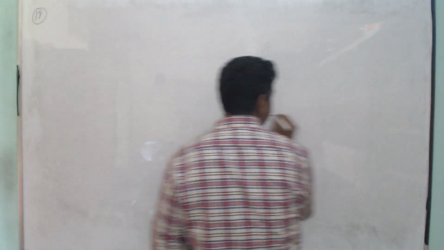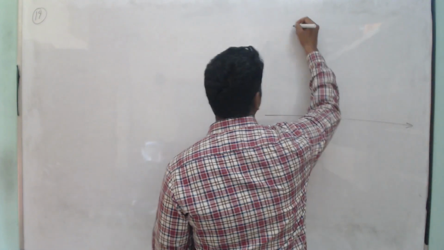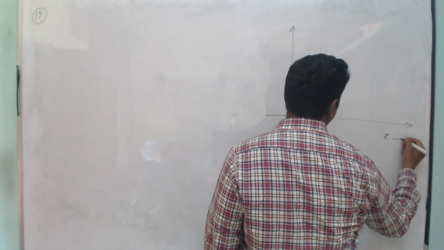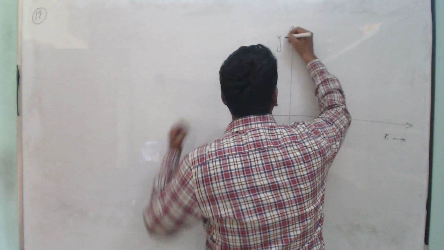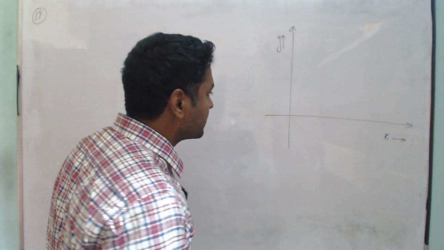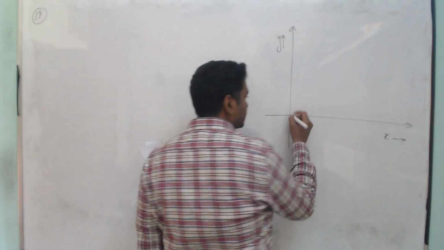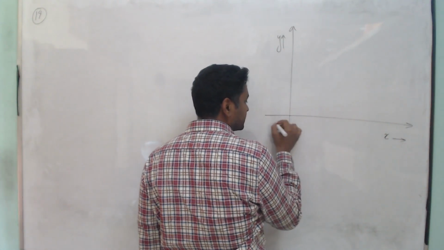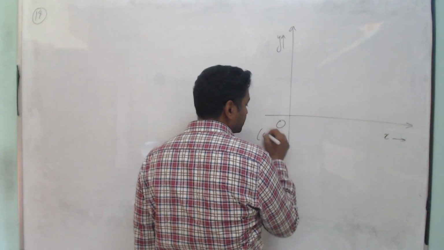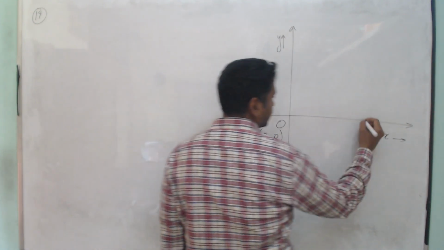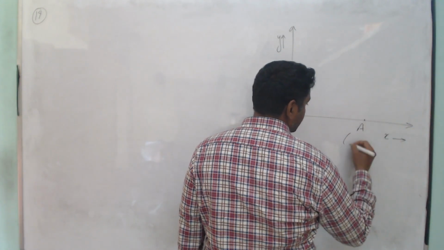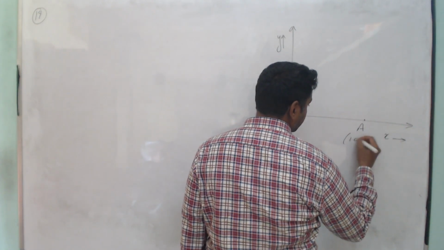So this is x-axis, this is y-axis, and let us say two charges are placed. One charge is placed at the origin, which is 0, 0, and the other charge is placed at a point A, which is 10, 0.